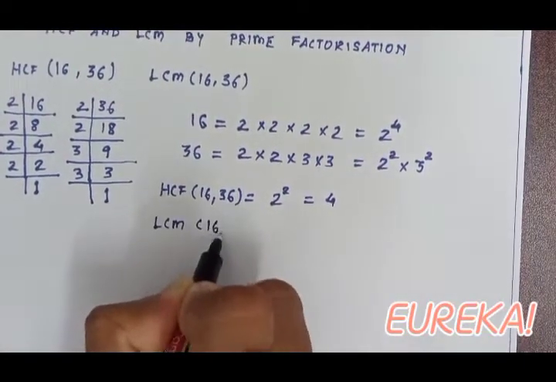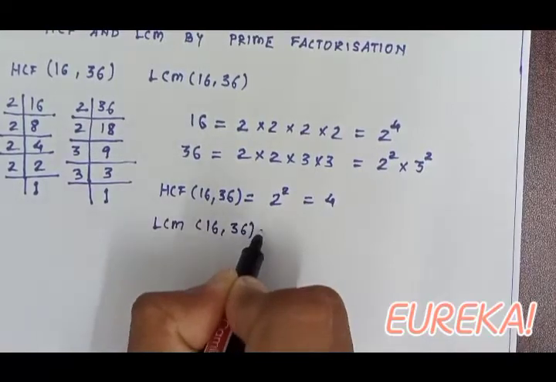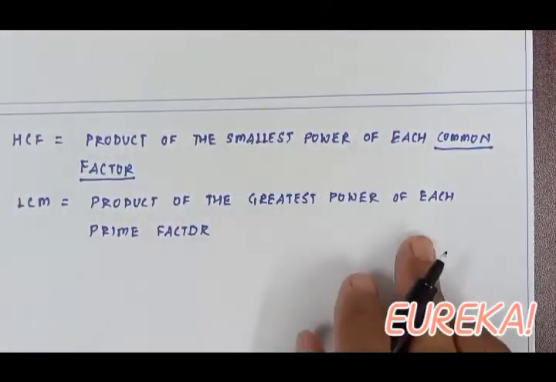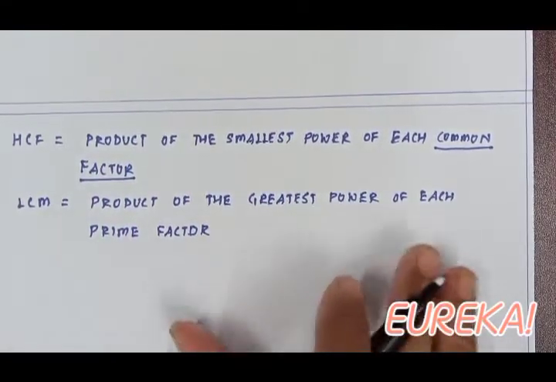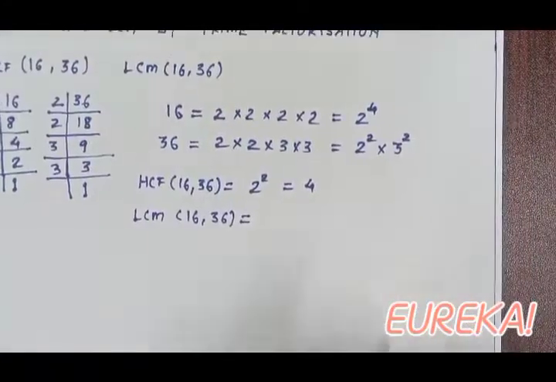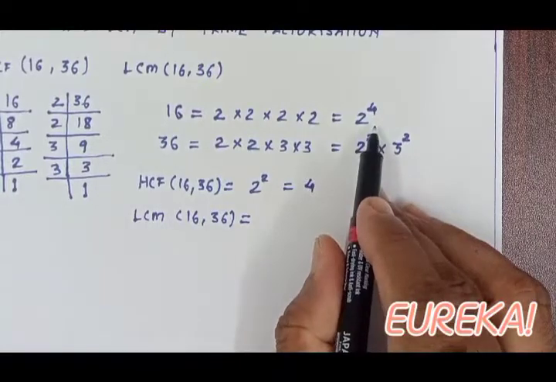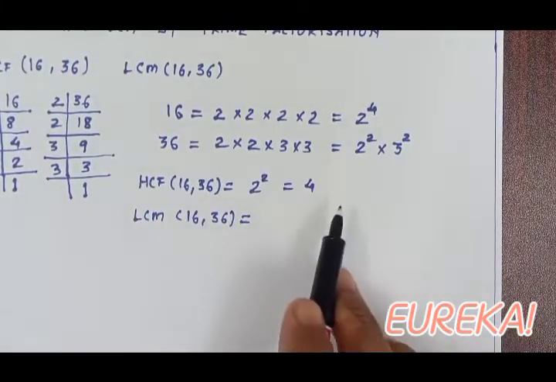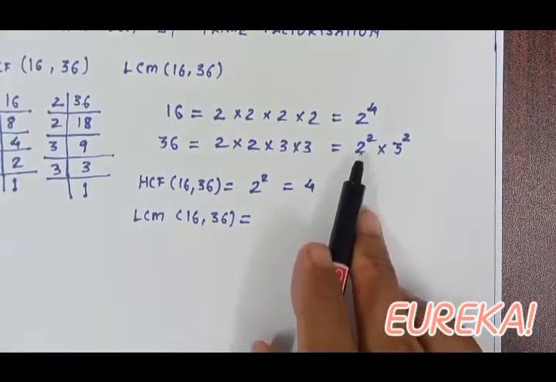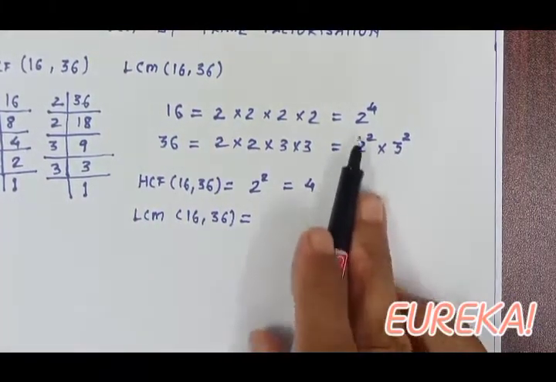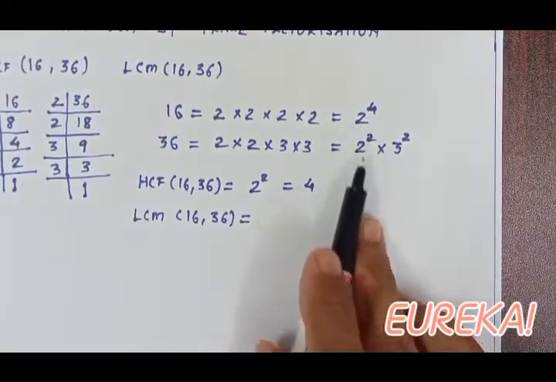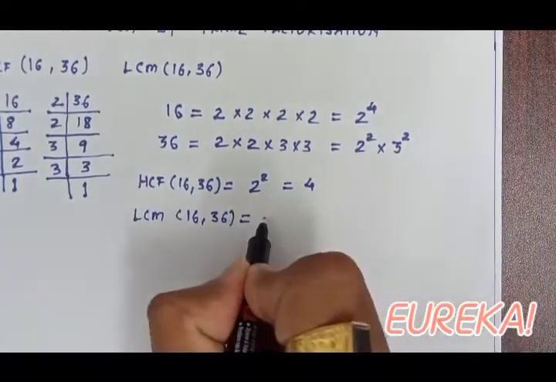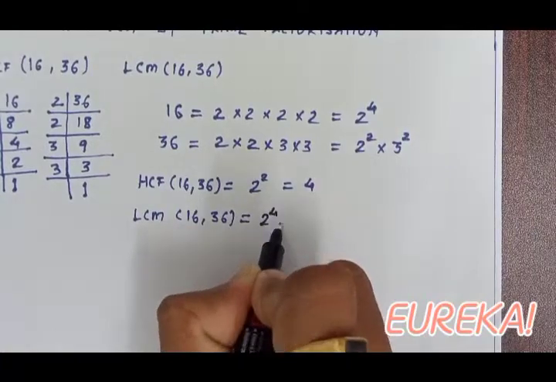Of 16 and 36. Now for LCM, the rule says product of the greatest power of each prime factor. Each prime factor means we will not go for common factors only, and we have to go for the greatest power. Now 2 is there in both factorizations, and the greatest power is 2 raised to 4.